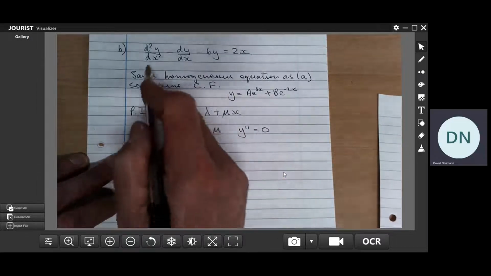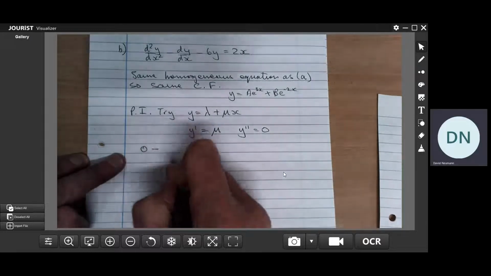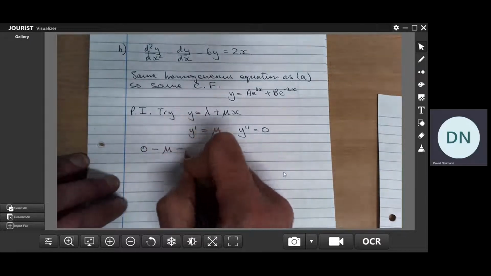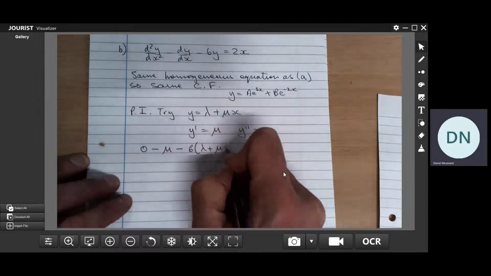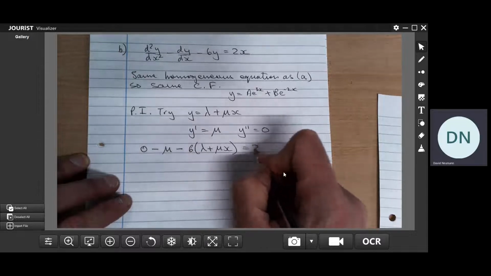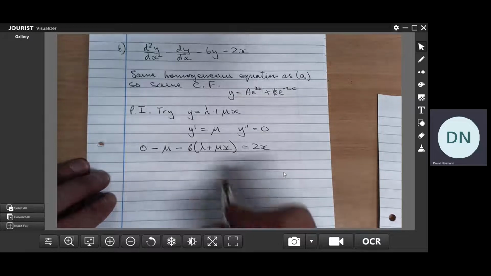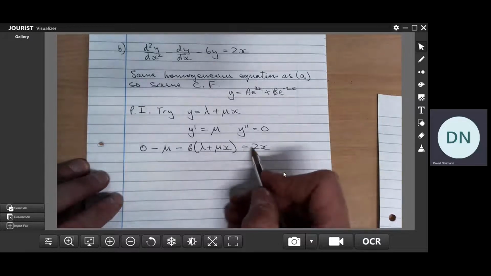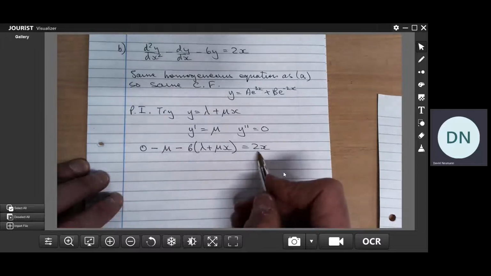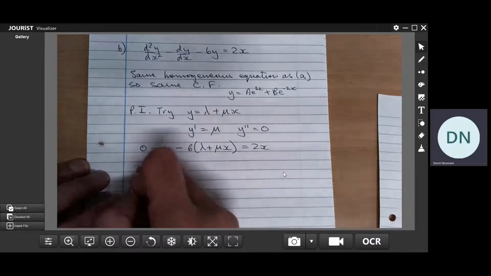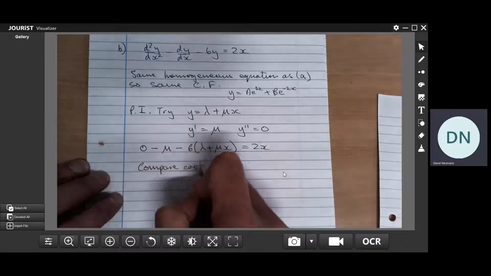We substitute into this equation: 0 minus mu minus 6 times (lambda plus mu x) is equal to 2x. Then we compare coefficients of x, or any powers of x, so of x and of the constant terms here.